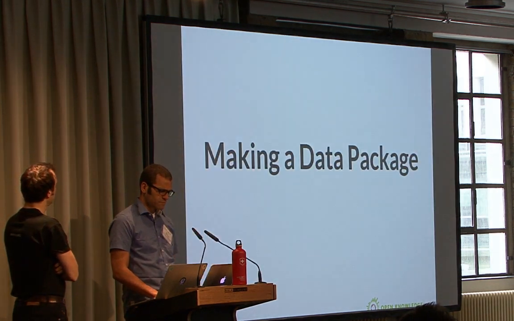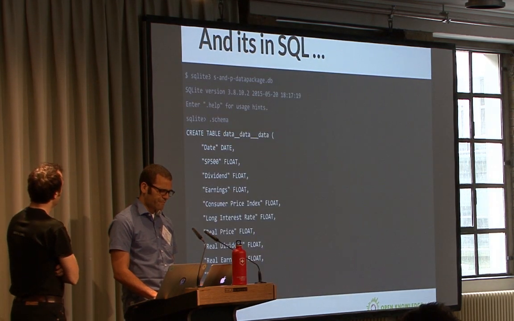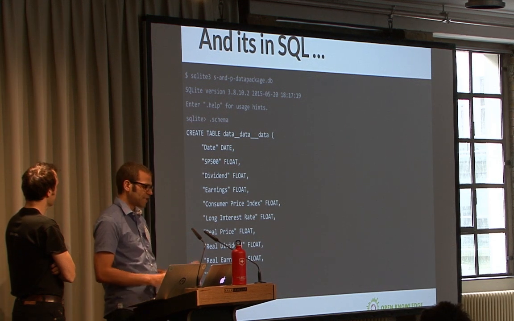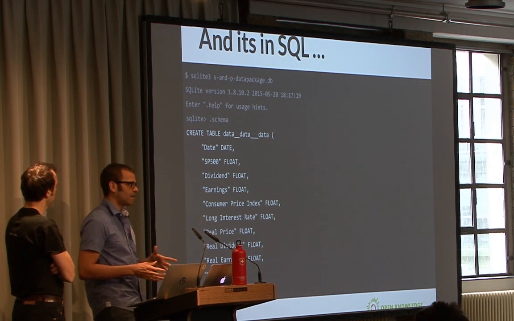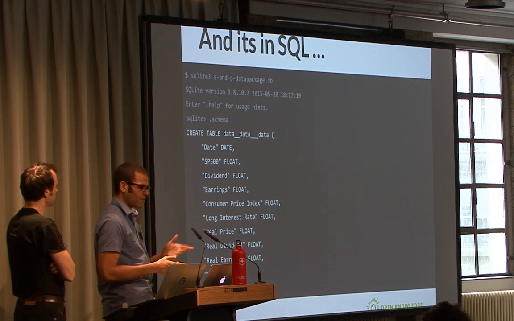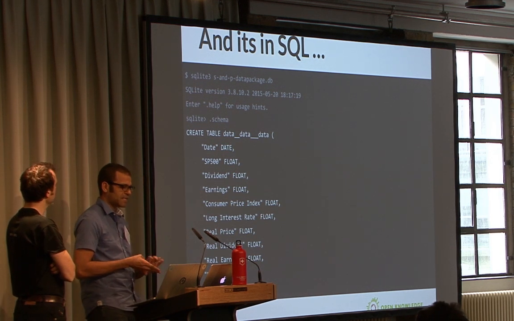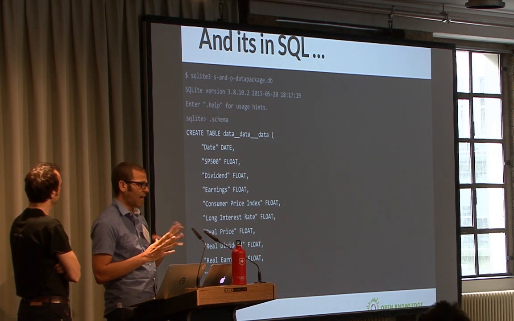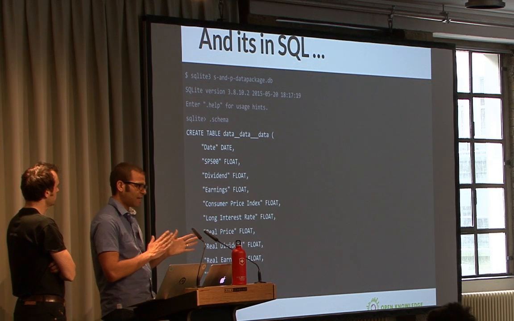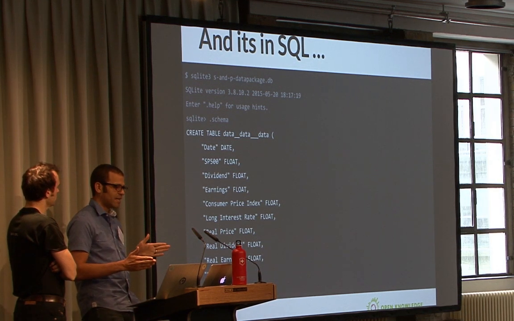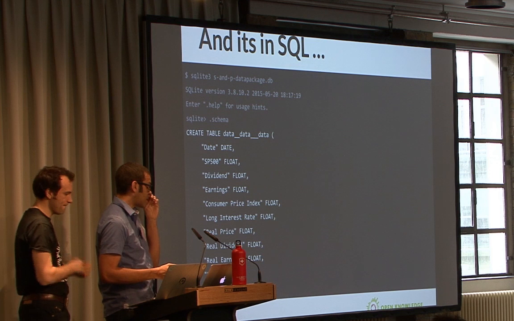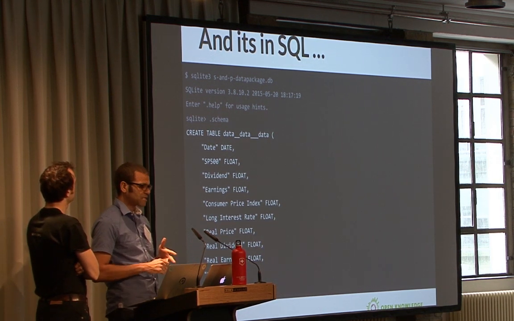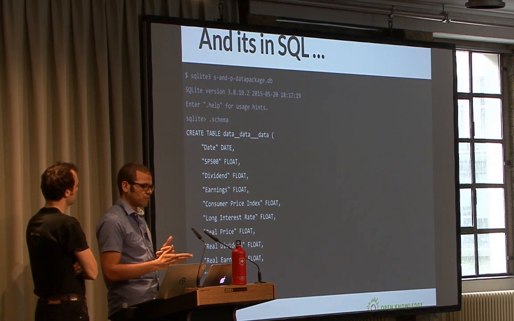In this case, we have this SSME data set. The JSON table schema described that the columns in that data set were date, SP500, dividend, etc. And it described the type for each column. All that type information was directly translated into, in this case, an SQLite database, but obviously any database that SQL Alchemy supports, it can translate to the native SQL types.